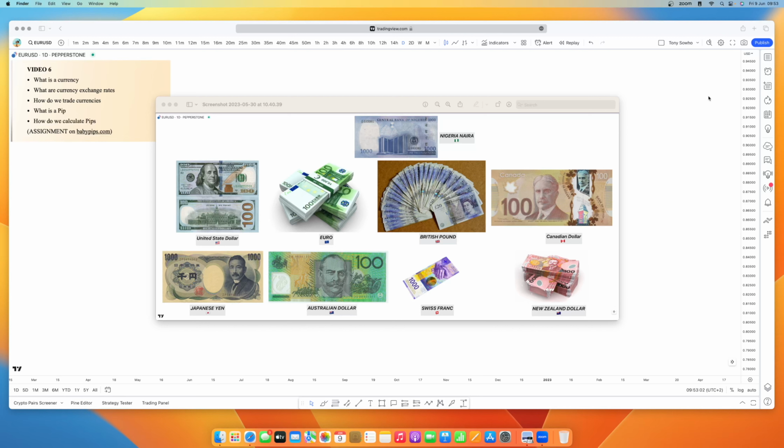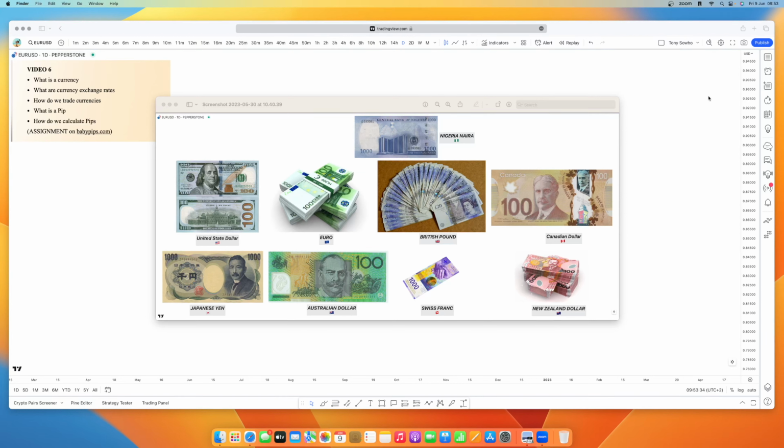Then we have the United States dollar, euro, British pound, Canadian dollar, Japanese yen, Australian dollar, Swiss franc, and New Zealand dollar. Aside from the Nigerian naira, these are the major 8 currencies we trade: United States dollar, euro, British pound, Canadian dollar, Japanese yen, Australian dollar, Swiss franc, and New Zealand dollar.